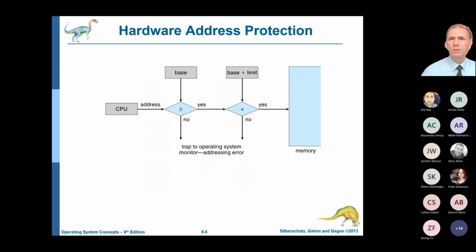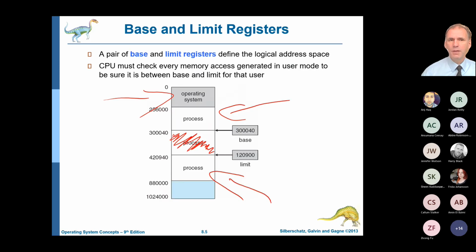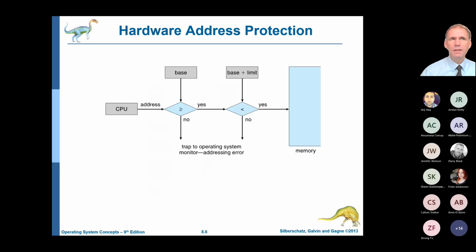So every time the CPU requests a program location, it does a check. Is it greater than the base, your base memory location? Is it less than the base plus the limit that you've given it?